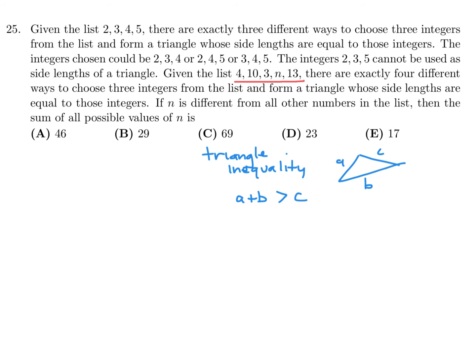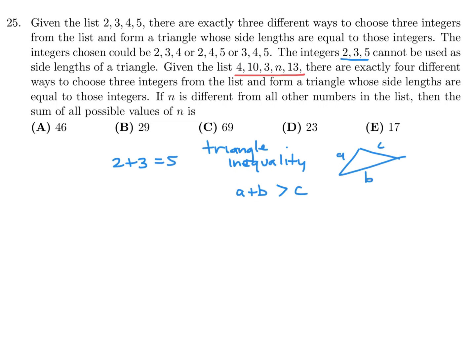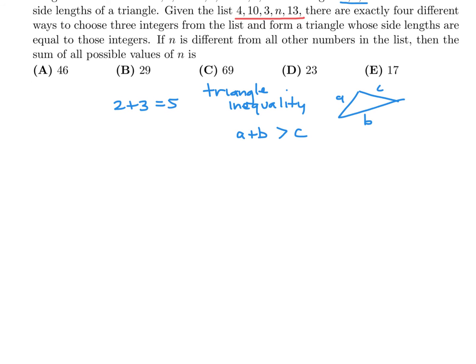So A plus B has to be greater than C. That's why 2, 3, 5 cannot be used as a triangle, because 2 plus 3 is actually equal to 5. It's not greater than 5. So the triangle inequality fails for 2, 3, 5. Now they've given us another list, and that list is 4, 10, 3, n, and 13.